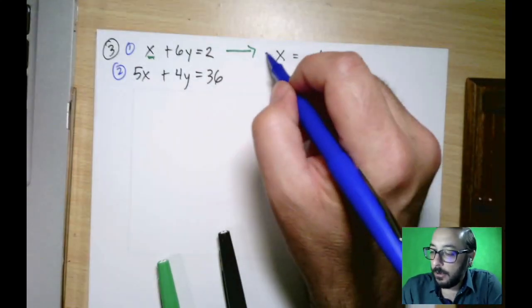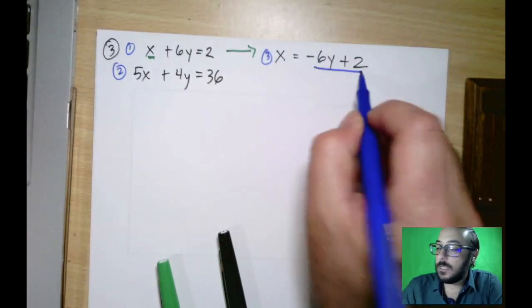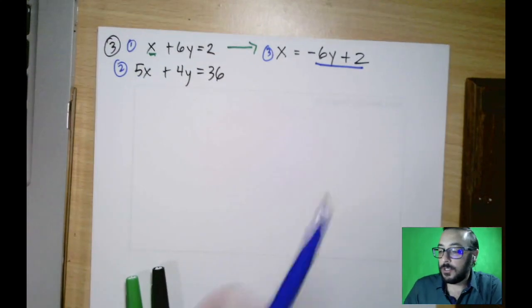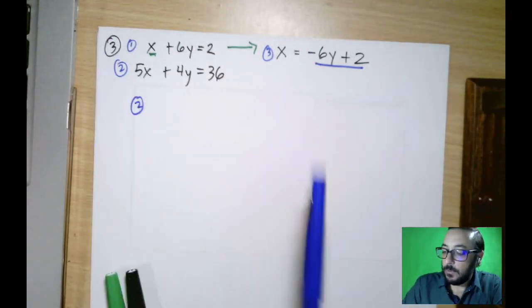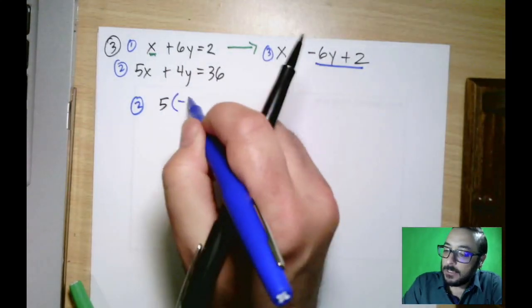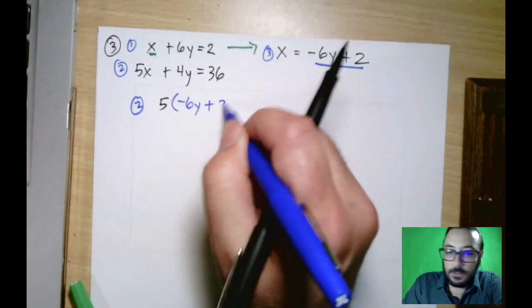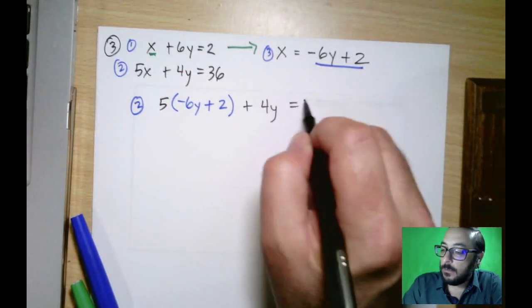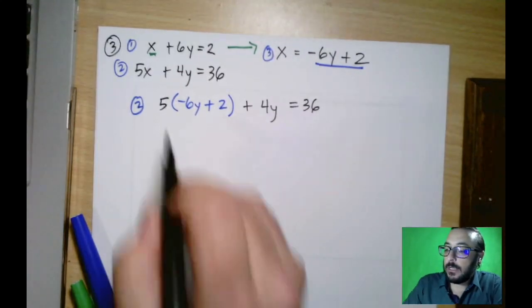This is going to be our third equation, and we're going to use this expression and substitute it into equation 2. Alright, so it's going to be 5 times negative 6y plus 2 plus 4y equals 36. And then we're going to simplify.